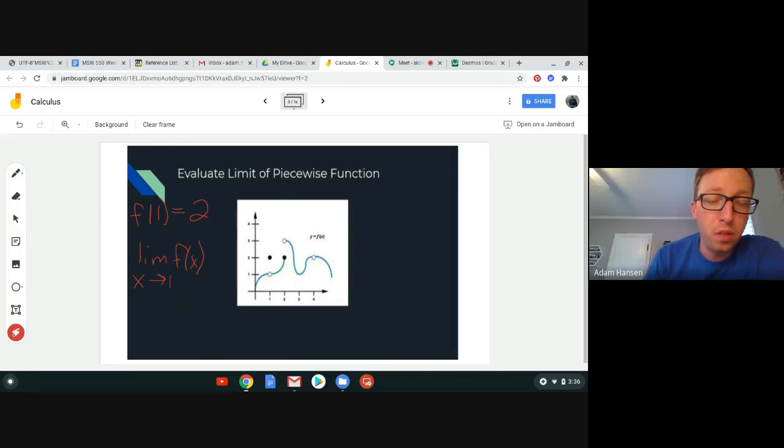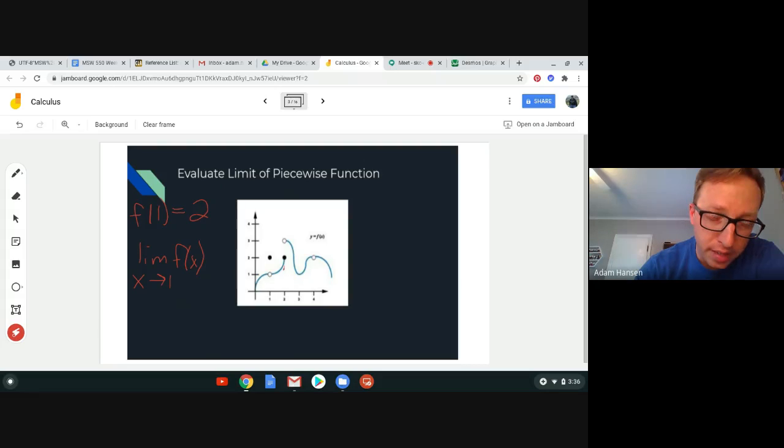So this isn't what the function is defined to be. It's what the tendency or behavior of the function is as I get closer and closer and closer to our value of 1. So as I approach 1 from the left, the function is getting closer and closer to 1 on the y-axis. The function takes on values closer to 1 as I get closer and closer to 1 from the left.